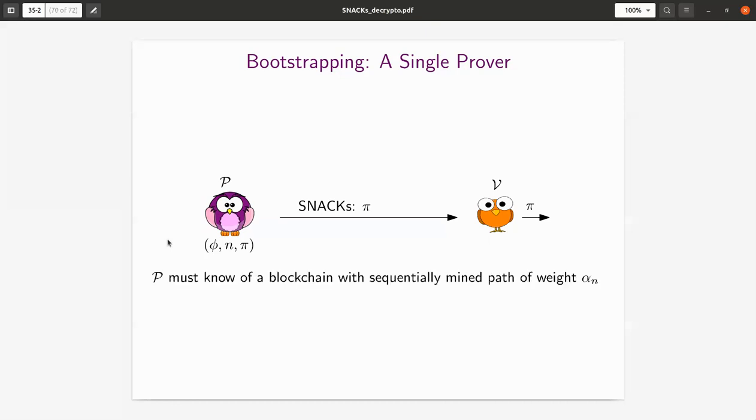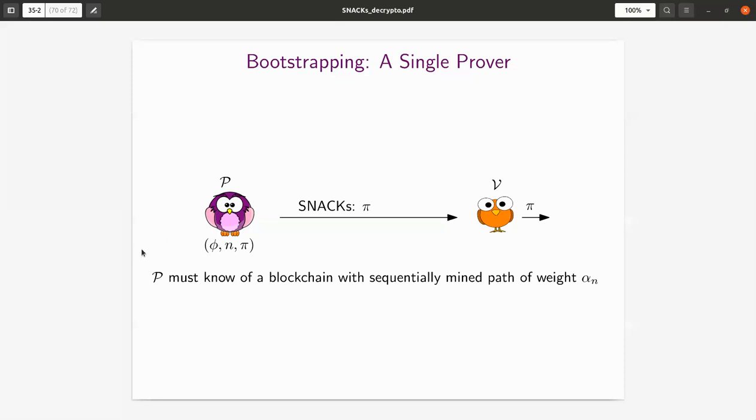What guarantees do you have? Well, by definition of the SNACK, it says that the prover must know a blockchain with a sequentially mined path of weight alpha n, where alpha is a function of n as defined in the previous slide. It's not important, but it's important to have it in mind now. It's alpha that depends on the n that the prover claims to have.